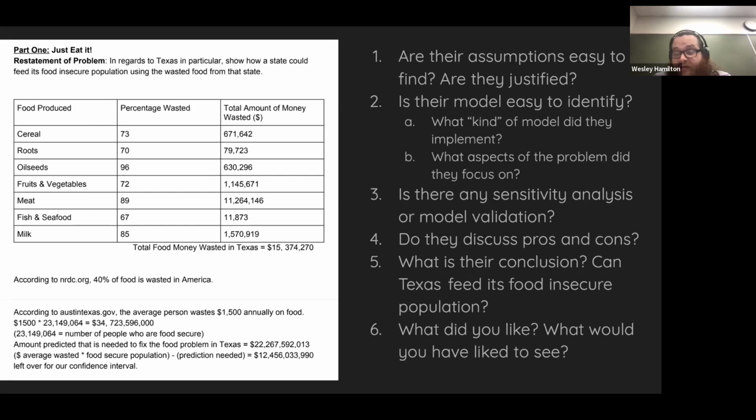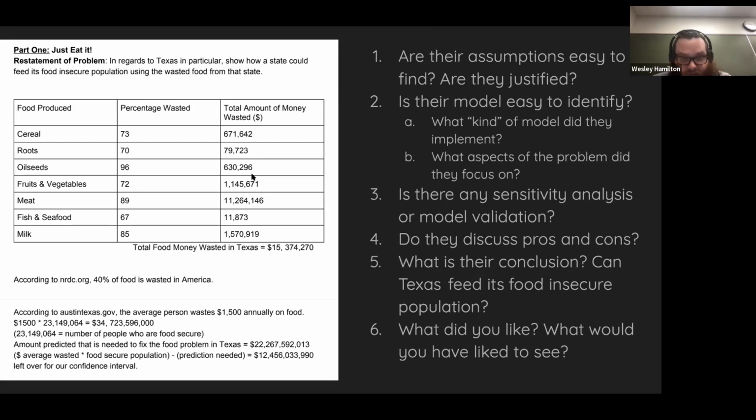Is it easy to find? Not necessarily. Then, according to austintexas.gov, the average person wastes $1,500 annually on food. Again, implicitly, they're assuming the average person wastes this much, and their source is that. But again, it's not clearly stated. Sure, it's there, but it takes a little digging.